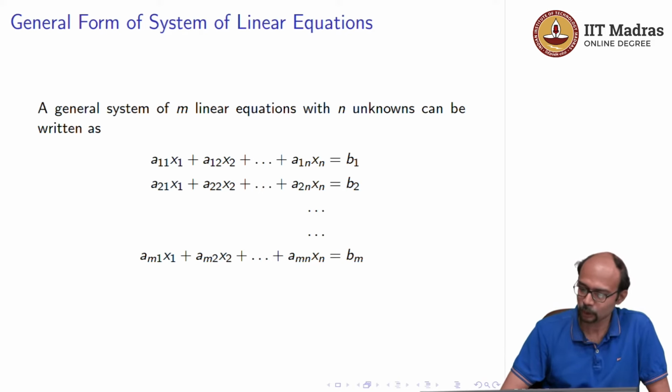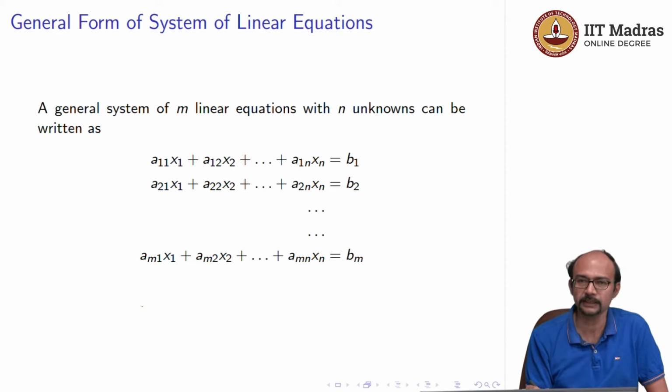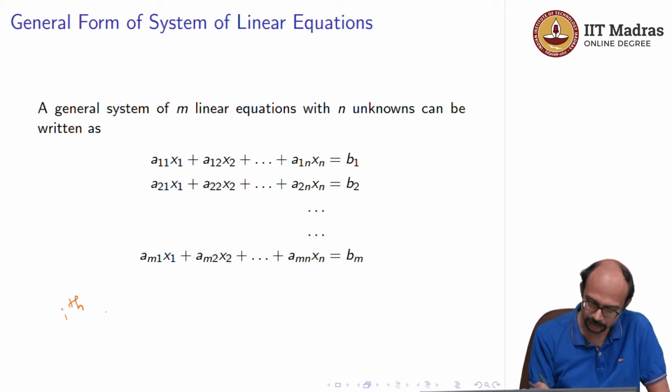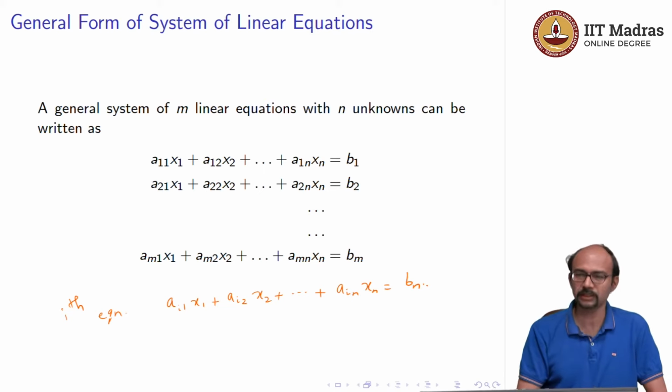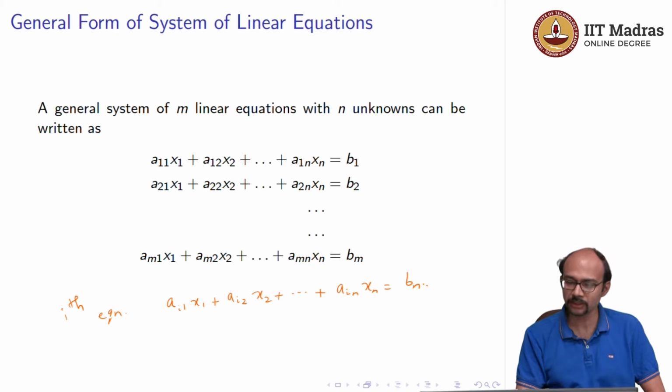If you want the ith equation, it is ai1 x1 plus ai2 x2 plus ain xn is bi. This is the ith equation in this system.